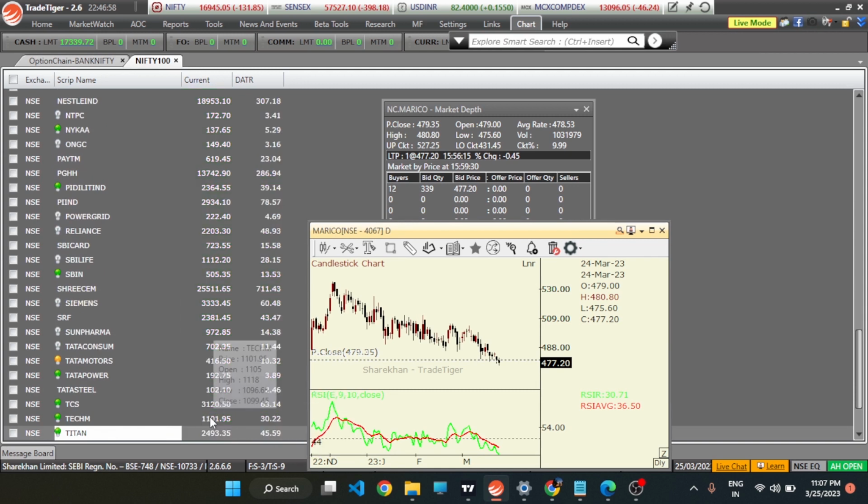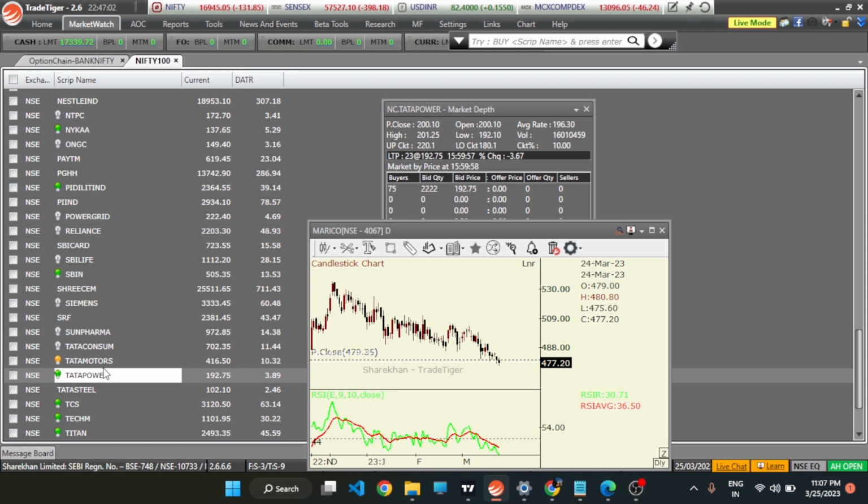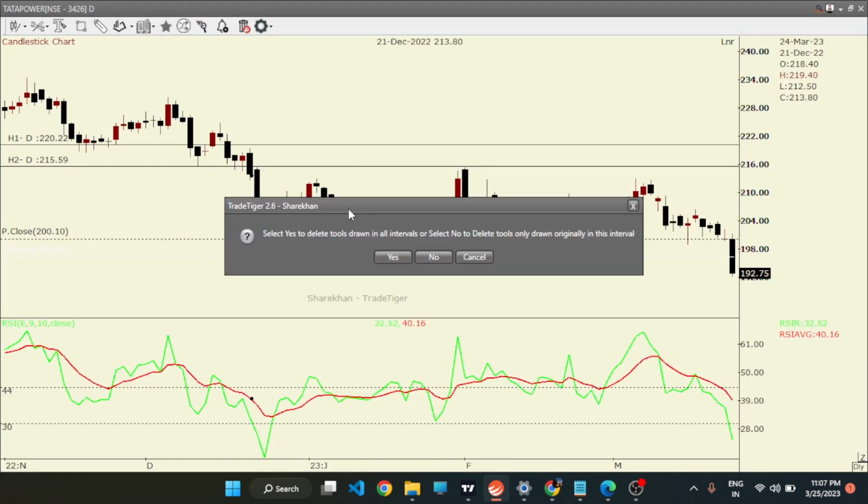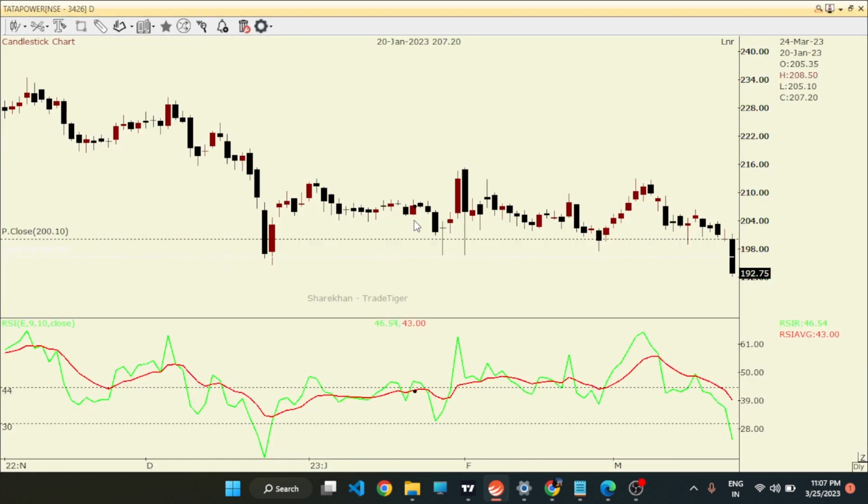Then Tata Power. As you can see, this entry, candle closing was 203 and stop loss was 194. 9 points SL, 18 points target.